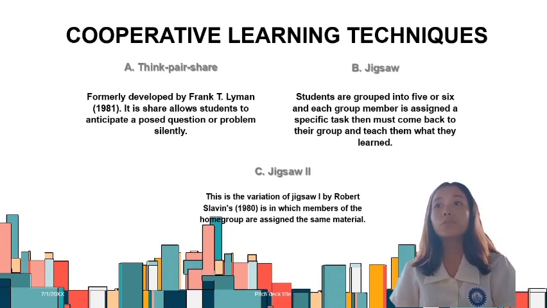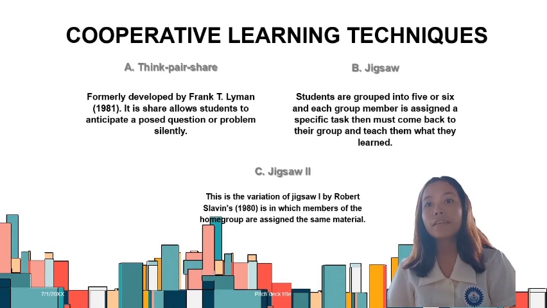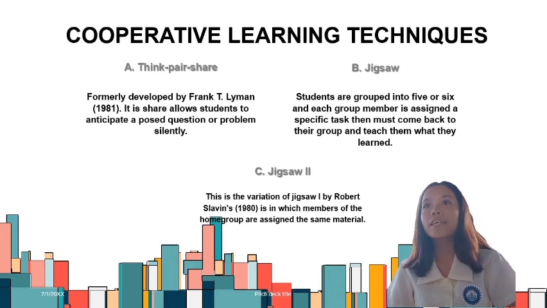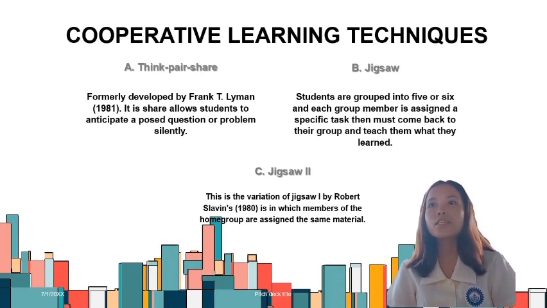Then an example of a jigsaw activity is the Black Death in Europe, where learners work in pairs, reading together information about the causes of the spread of the Black Death.